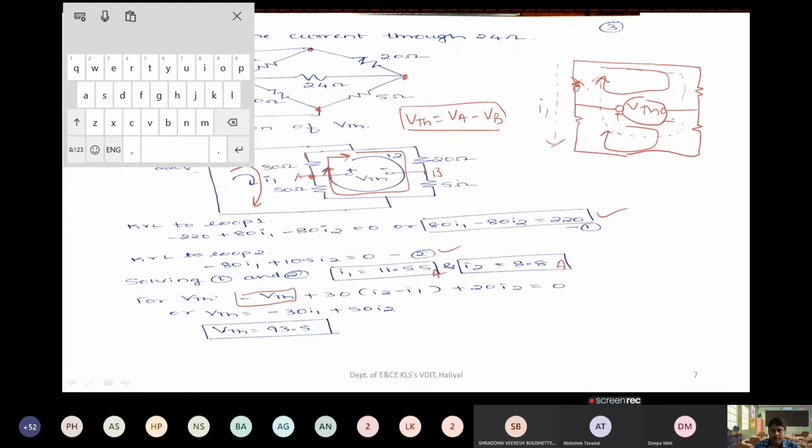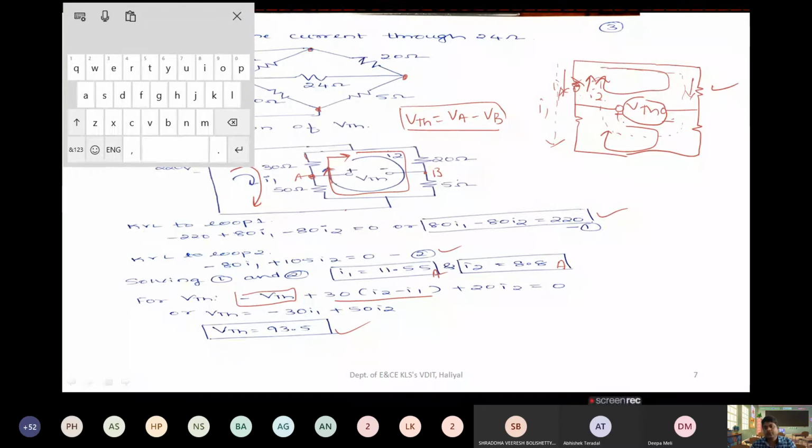I2 is flowing in one direction and I1 in the opposite direction, so that will be 30 times (I2 minus I1). And this one is nothing but the 20 ohm resistor. 20 times which current is flowing? Only one current, I2. And if you substitute the values of I1 and I2, what you will get is this.